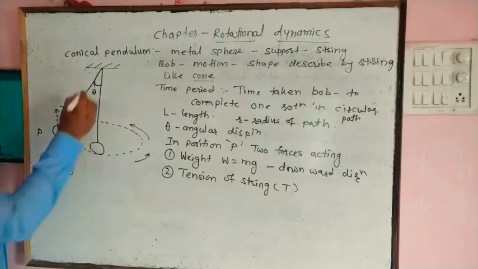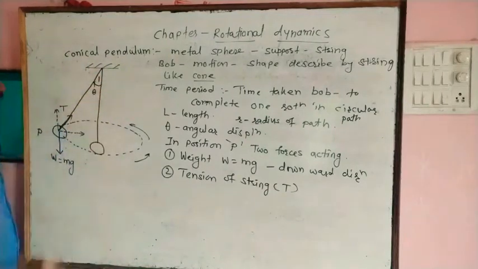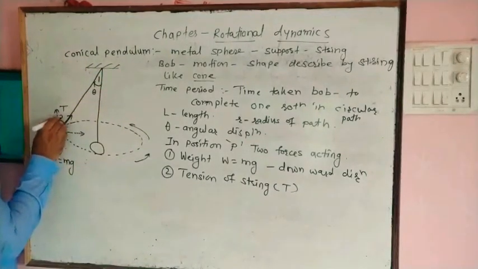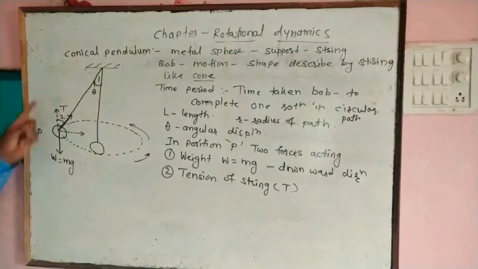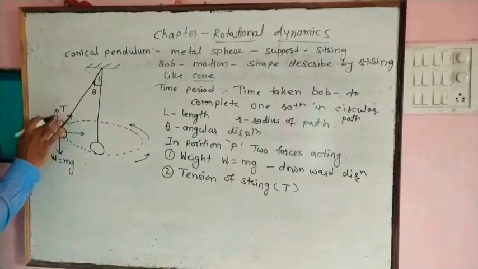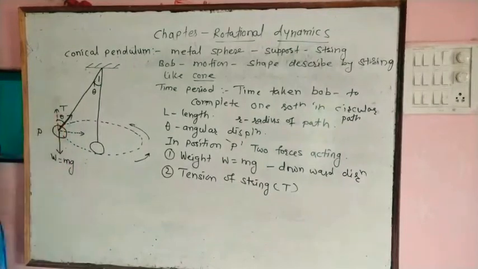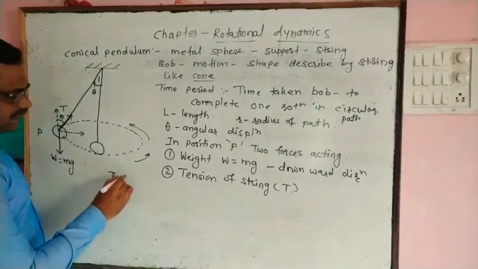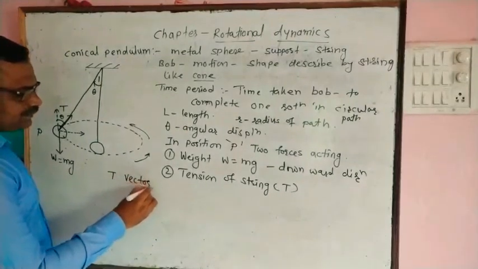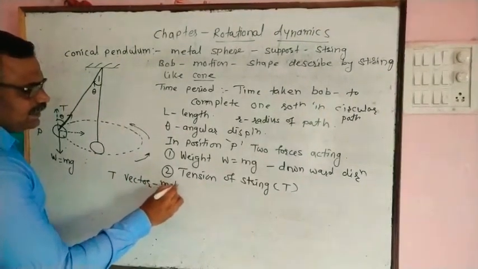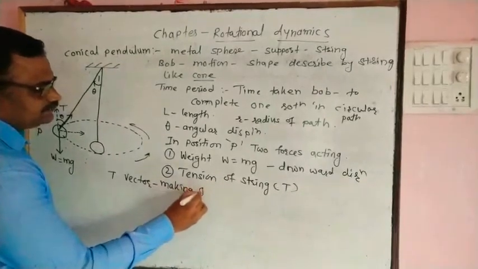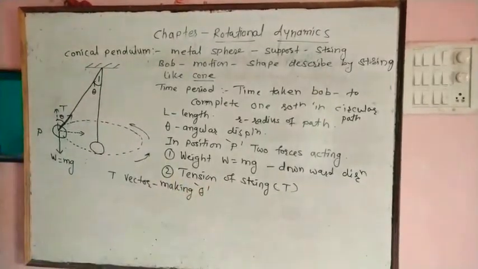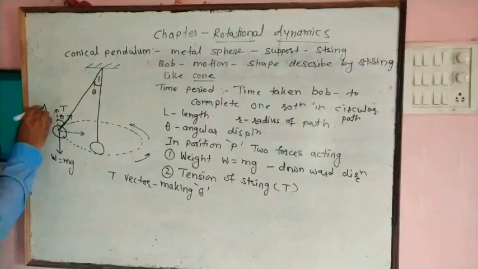We can observe this angle 1 is congruent to angle 2, since alternate angles are congruent. Therefore the measure of angle 2 is equal to theta. Now in the figure, we can observe T is a vector quantity, and this T is making an angle theta with axis number 1.